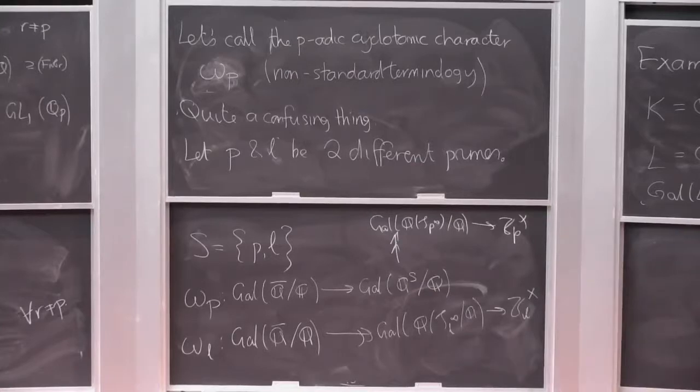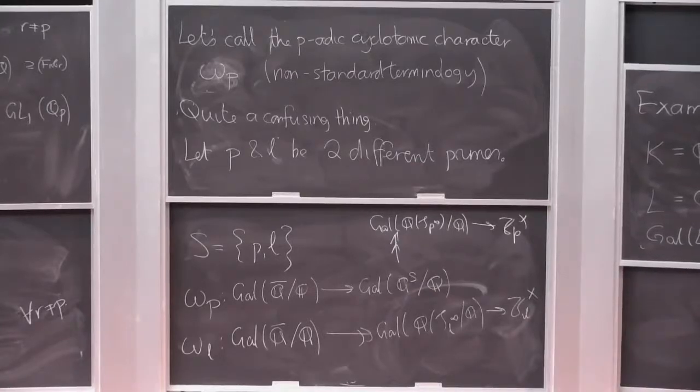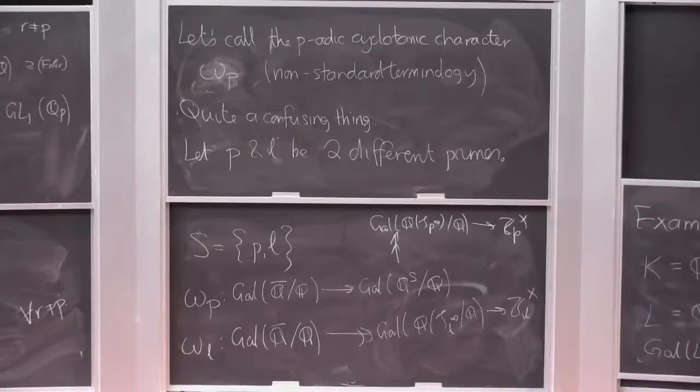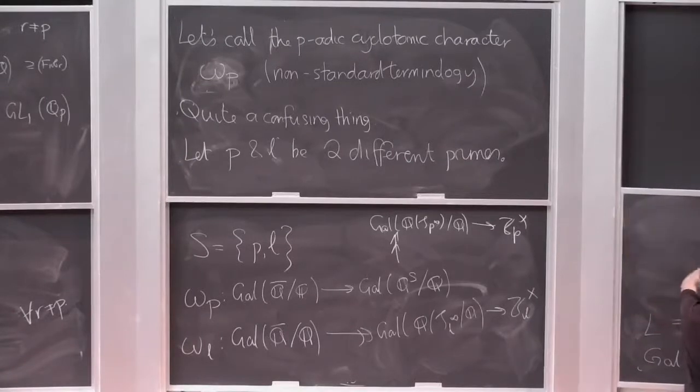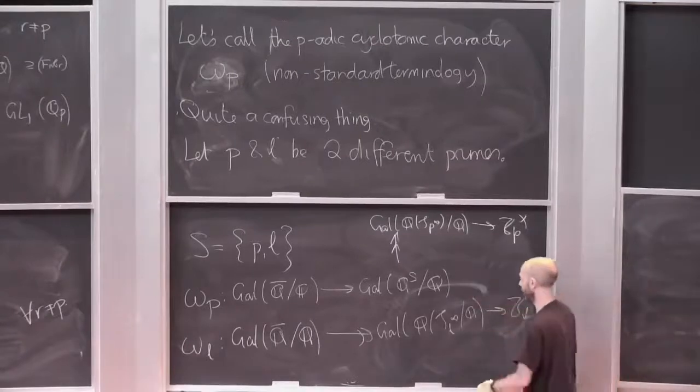If R is a prime of ramification, then there's Frob R, if R is not equal to P or L. R is a terrible name for a prime, I do apologise. Then there's some subset of this Galois group called Frob R, right?